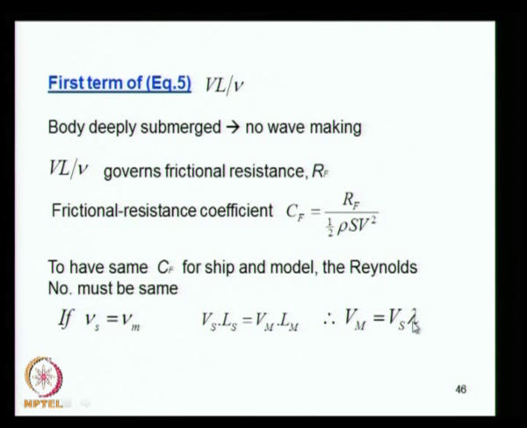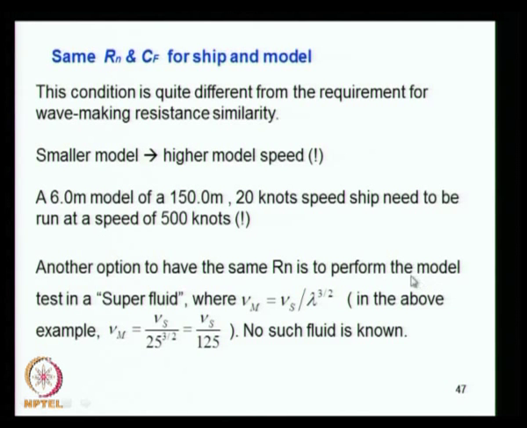So if you say a 1:50 model and a 1:100 model, lambda will be higher for the smaller model, 100 for that. So Vm is equal to Vs into lambda. So when lambda is a higher value, Vm will be higher. That is what it means: smaller model, higher model speed, which is difficult to achieve, and you will see that from an example here.